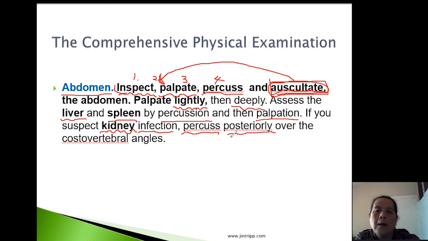Posterior area, between the spine and the rib, there is an angle here. We do percussion on that area, and the patient will feel tenderness or pain inside. So that's for the abdominal area.